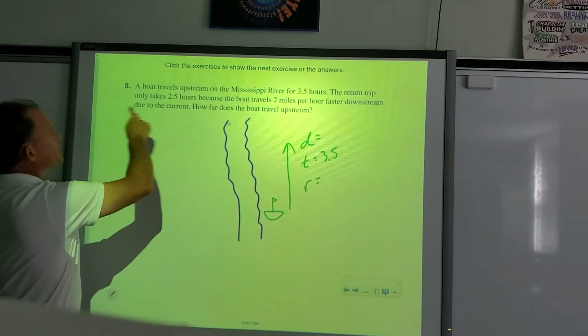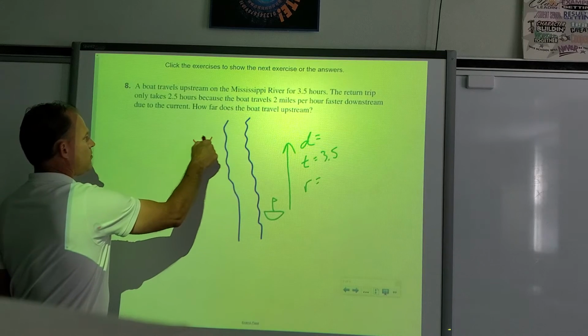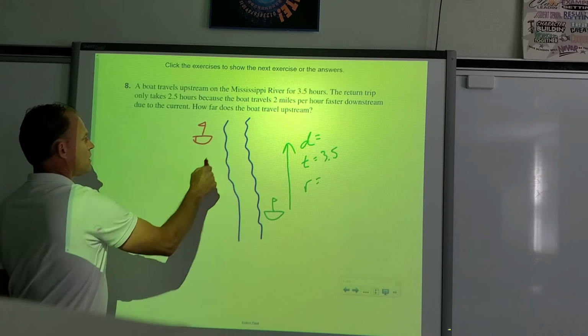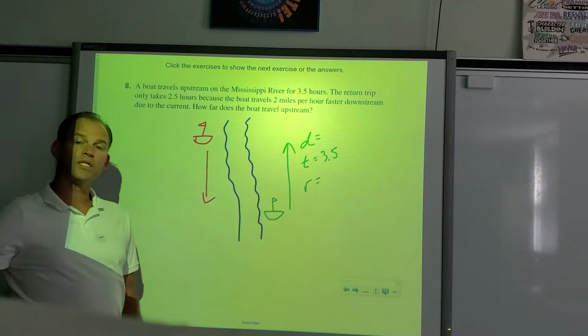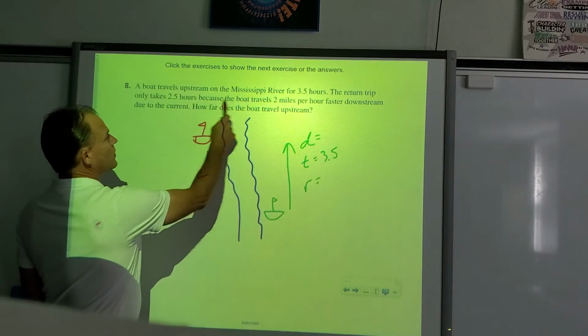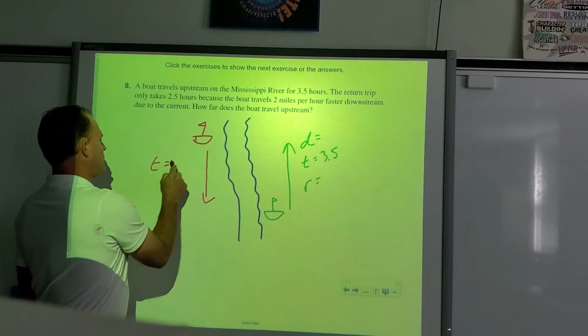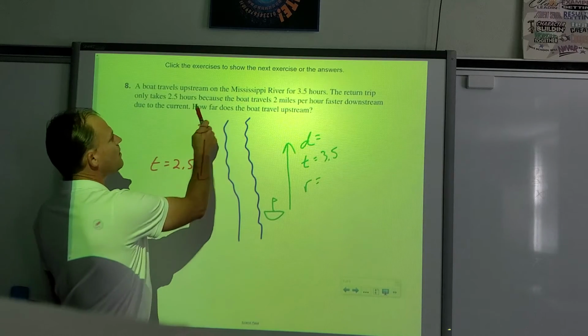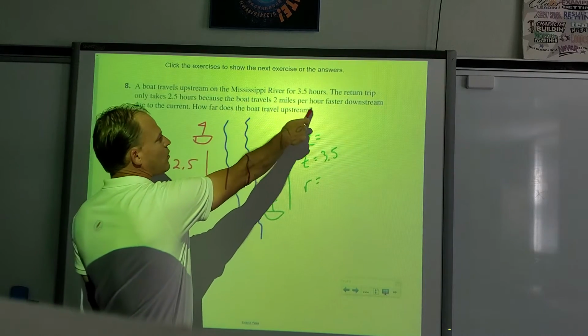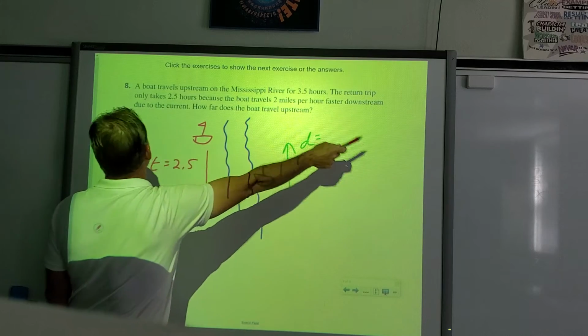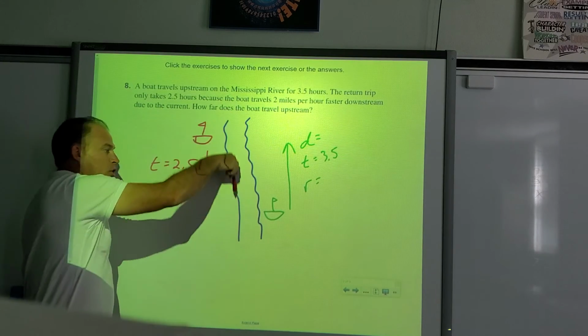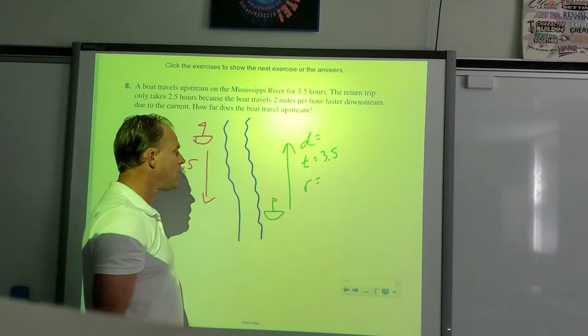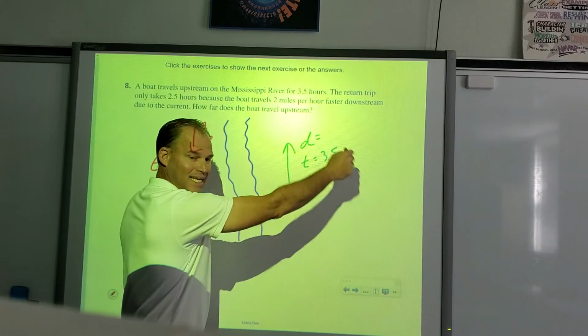The return trip takes 2.5 hours, so the boat going on the return trip, time 2.5, because the boat travels 2 miles an hour faster downstream due to the current. So the current is helping push the boat down the stream. I don't know what the rate is here.